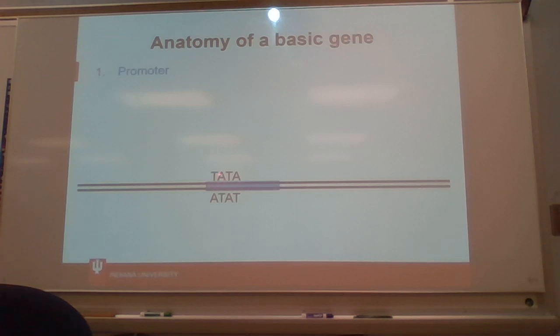But that's in the promoter region. What do you think promoter means in this case? If you're promoting something, so this is just really the start of the gene. So this is the start site for transcription.